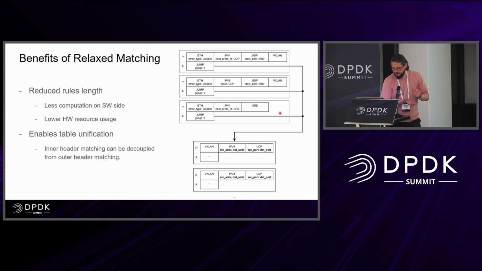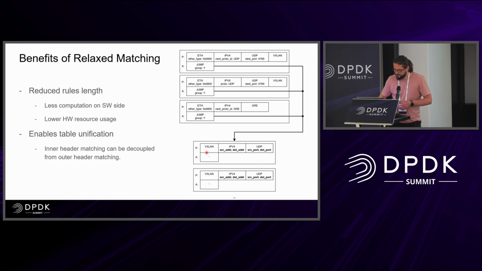I can match my required tunnel headers in the first stage, and then in the second stage I can omit the outer headers and just match on the inner ones and the fields I care about.